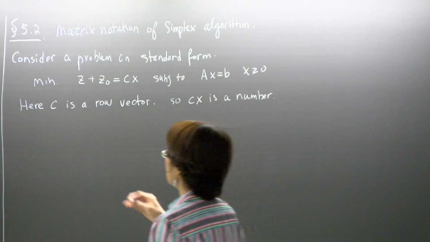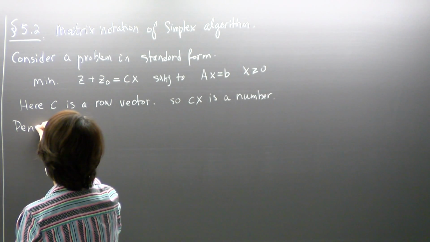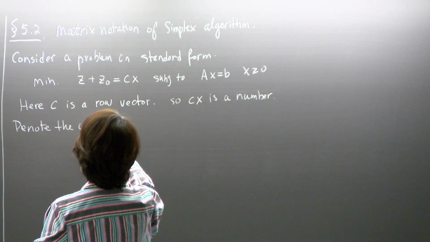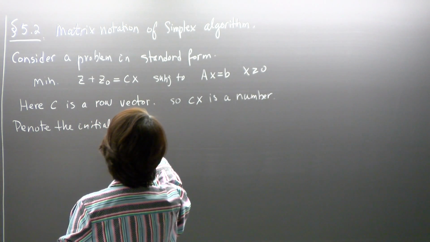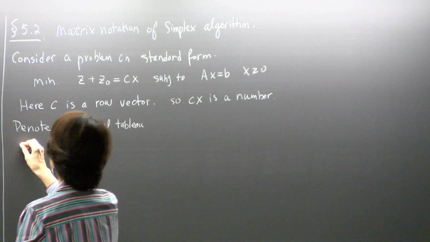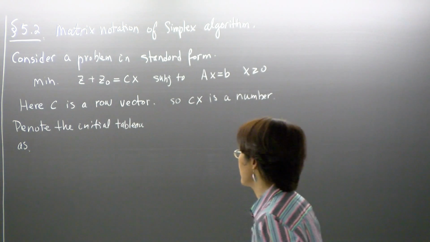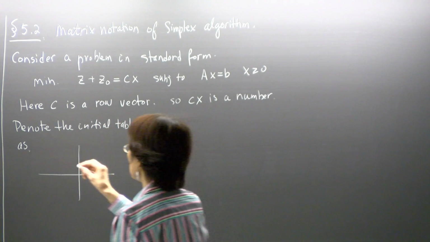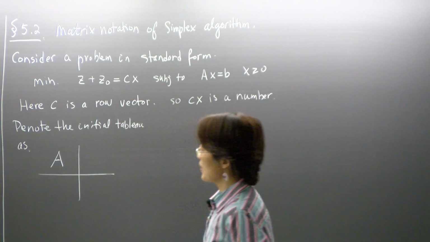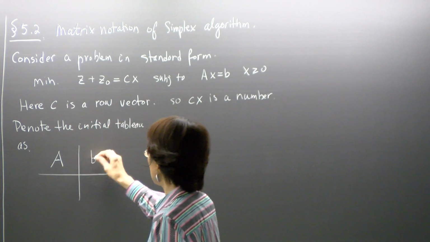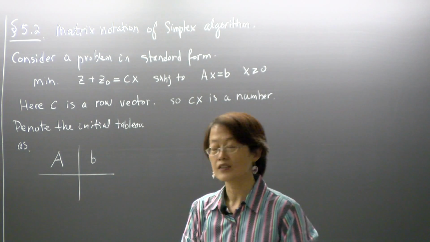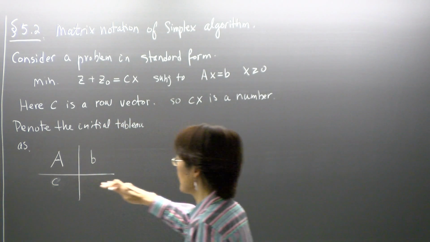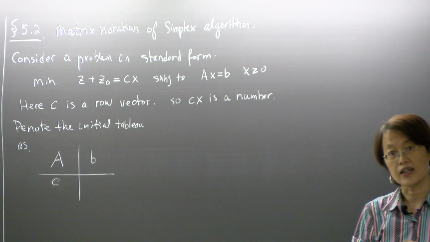Okay, so I can denote the initial tableau as the following. So in your simplex tableau, what you put here is the A matrix, and what you put here is the B vector, the right-hand side, and what you put down here is the C. Now it's a row vector, so it lies flat, okay?